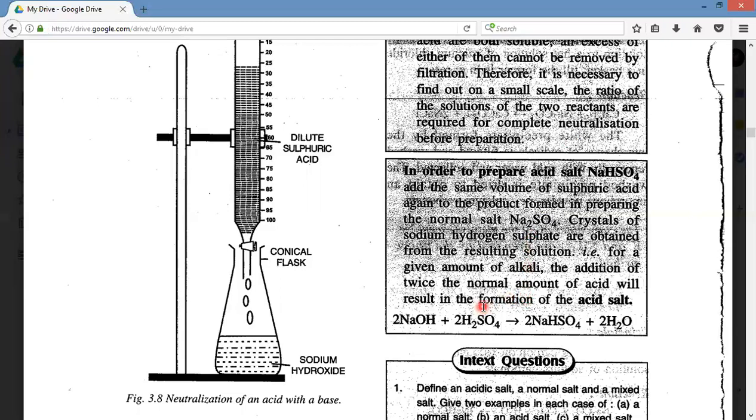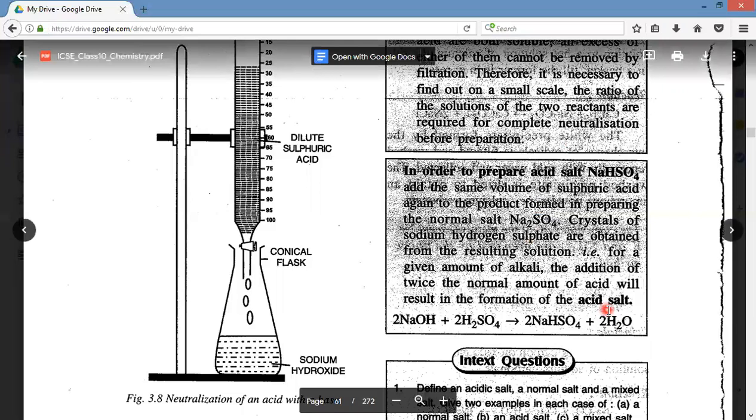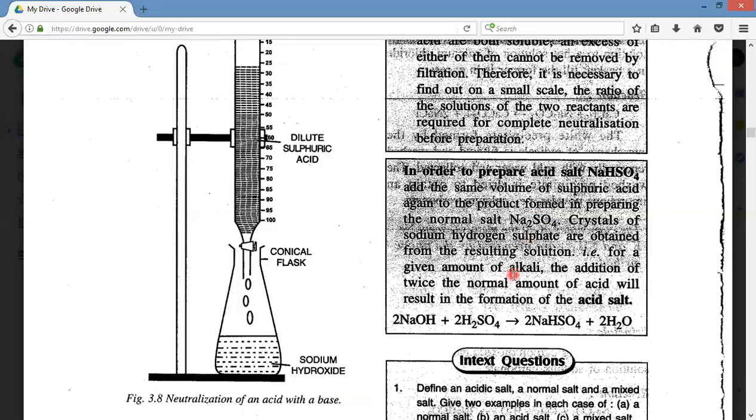The result is an acid salt. It means that when the acid amount is more than the base or alkali amount, the acid salt is forming. That is all for the preparation of salts, that is normal and acid salts.